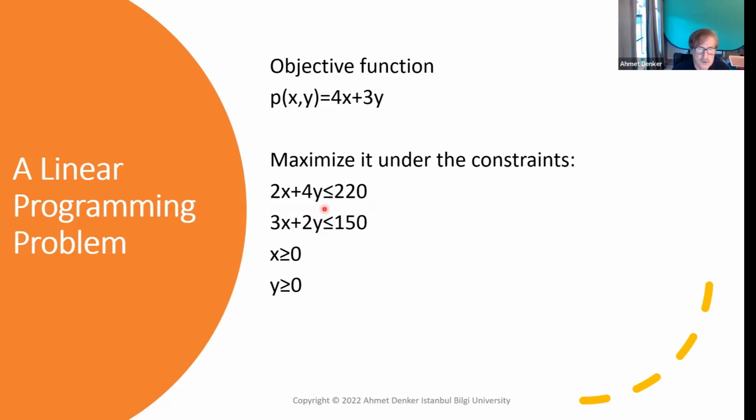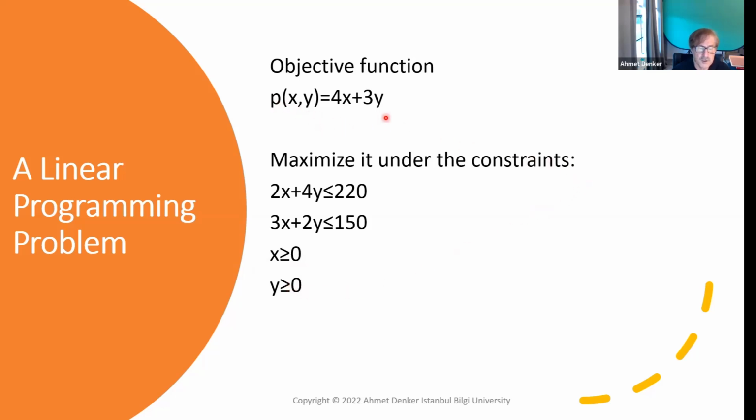So these are the constraints, expressed in terms of inequalities, and the inequalities are less than or equal to. And the variables are larger than or equal to 0. That means the variables are positive.